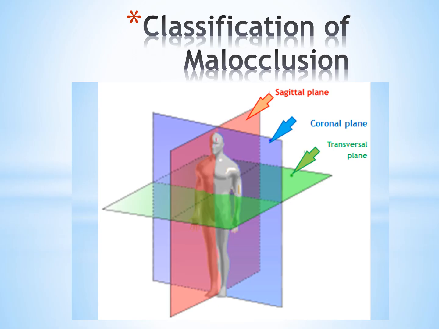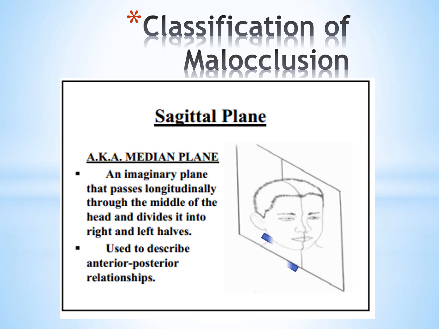The sagittal plane is an imaginary plane that passes longitudinally through the middle of the head and divides it into right and left halves.